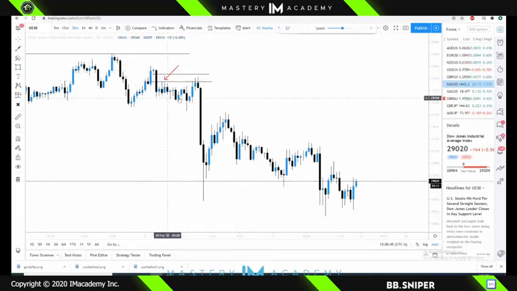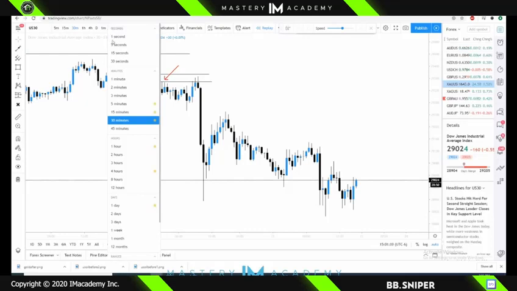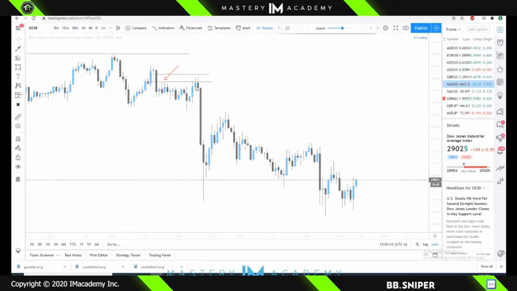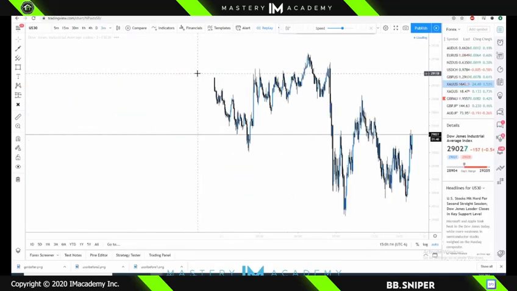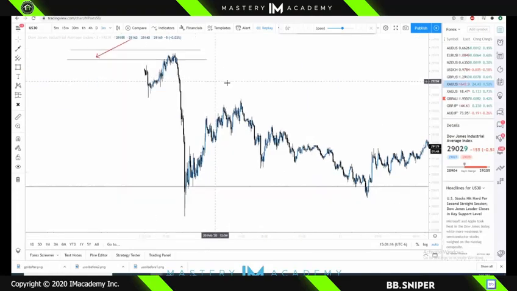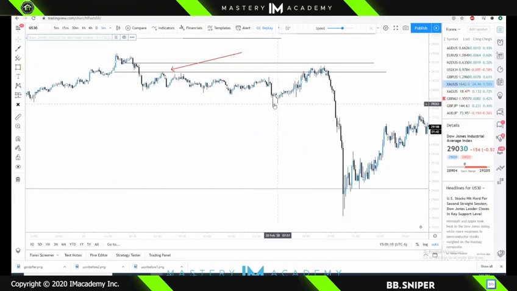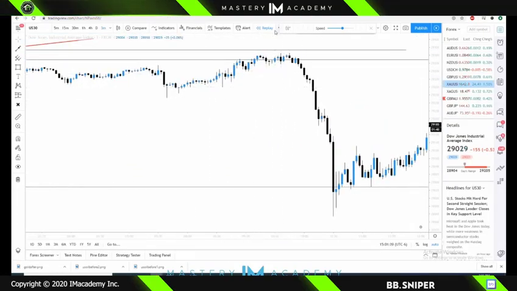So it's obvious that sell orders are happening, or these big gaps will not print. If price was going to respect this, you would see it respect on a small time frame. And this was it.